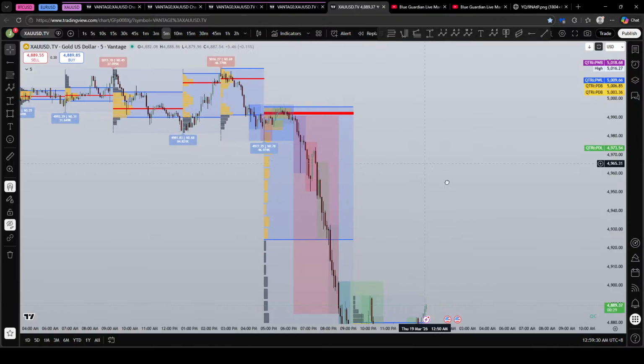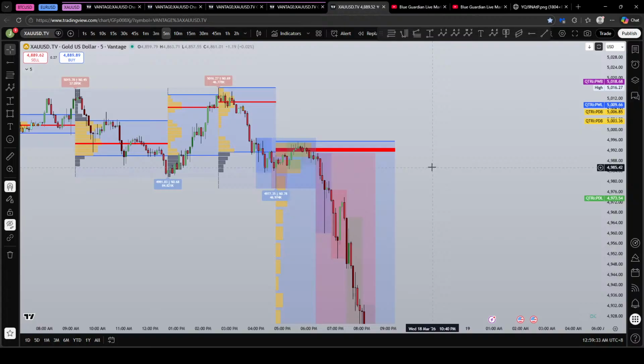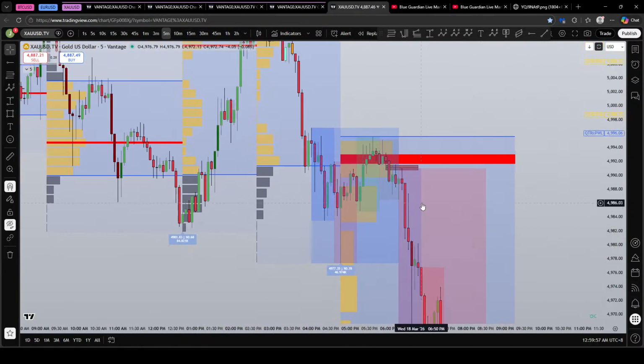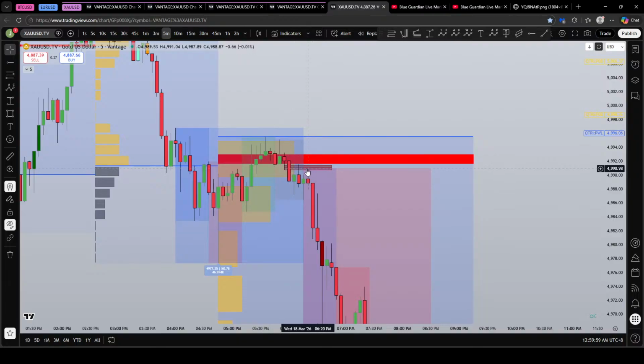So even if I check for an implied fair value gap within this red line here, I am quite certain that I will find one. To prove my statement, let's look for an implied fair value gap here. As you can see, this is an implied fair value gap which is usually close to the point of control of the volume profile.